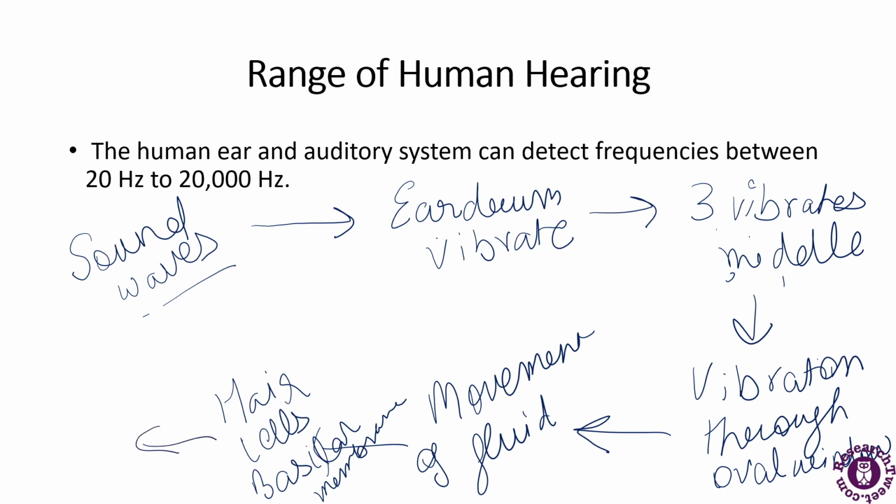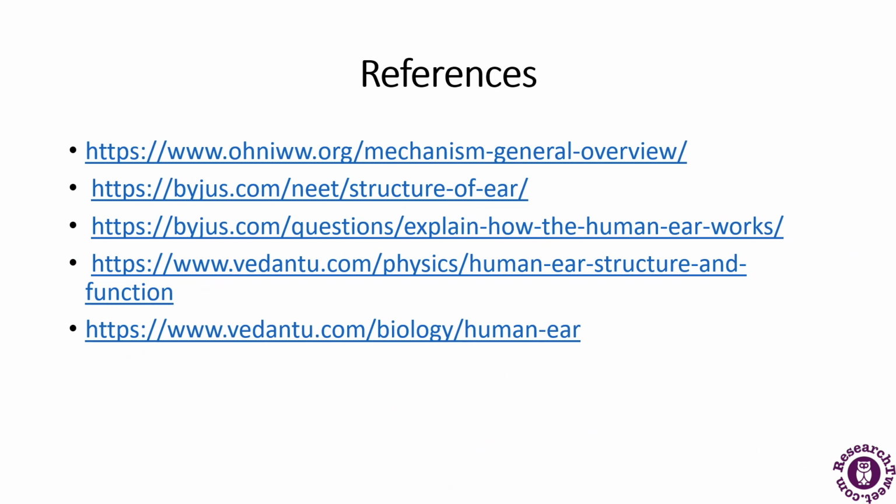And last, the auditory nerve transmits the signal to the brain. So this was a flow chart depicting the mechanism of hearing. So this was all about it. These are some of the references.